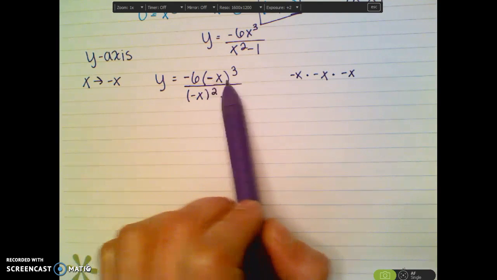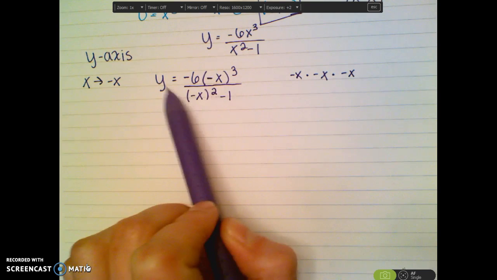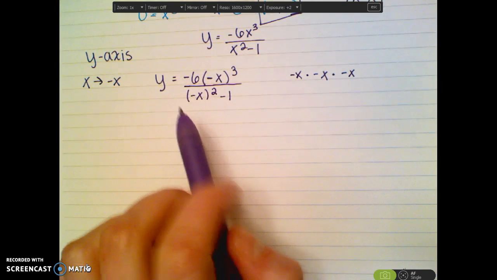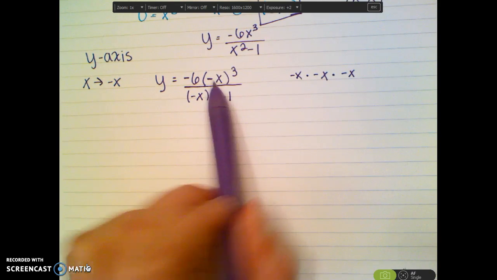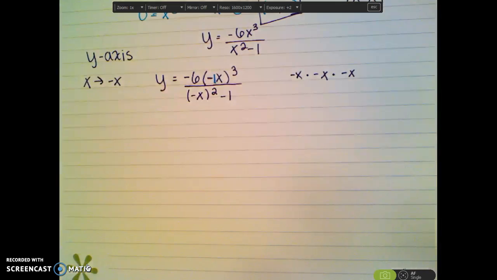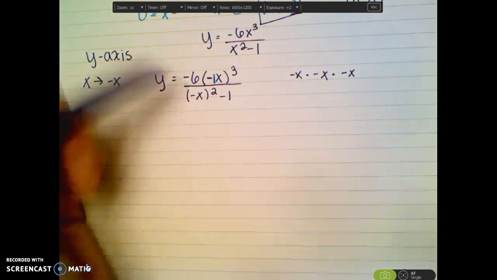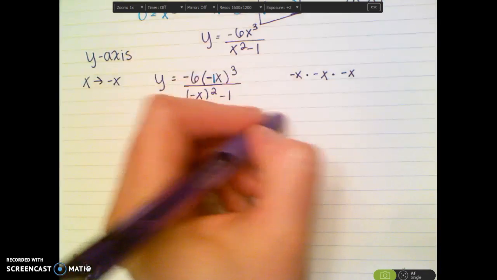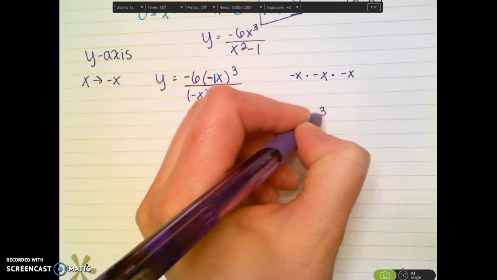So this would remain a negative x in here. Now sometimes people would simplify this even more. There's a 1 right here, so it's negative 1 times this negative 6, which could be seen as a positive 6. You could simplify this as 6 times x cubed.